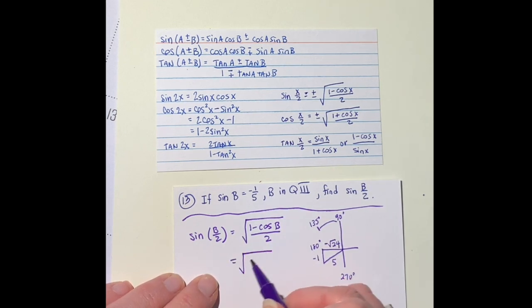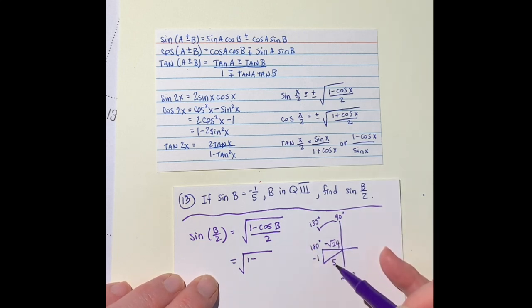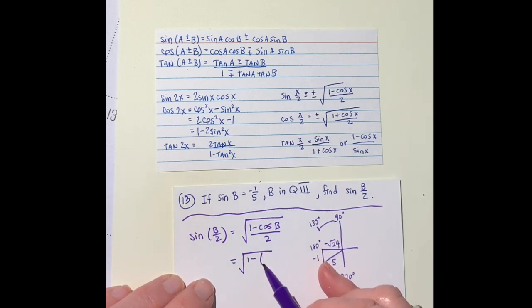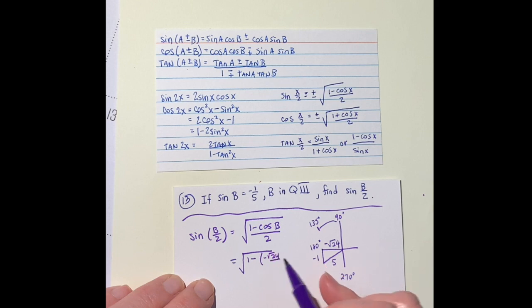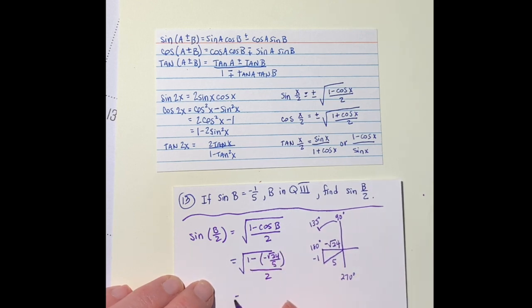All right, so 1 minus cosine. The cosine of B is adjacent over hypotenuse, so negative square root of 24 over 5, all over 2. All right, go ahead and make that 1 plus square root of 24 over 5. Let me back up.